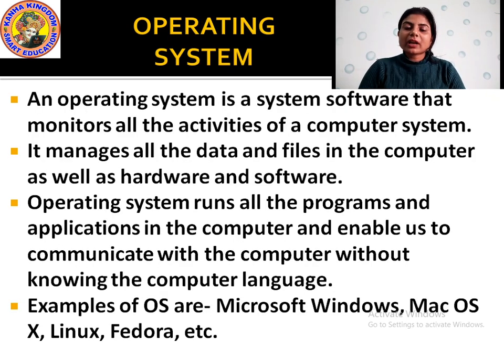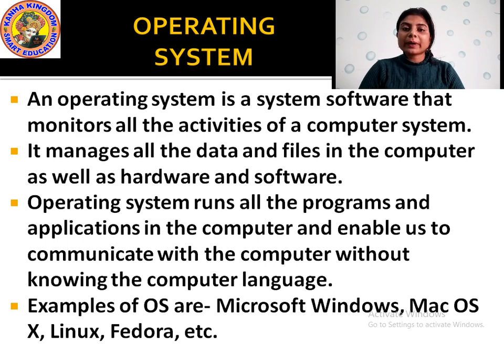So students, I will read out the points. Point number 1 about the operating system. What is an operating system? An operating system is a system software that monitors all the activities of a computer system. Yes, a computer works on an operating system.